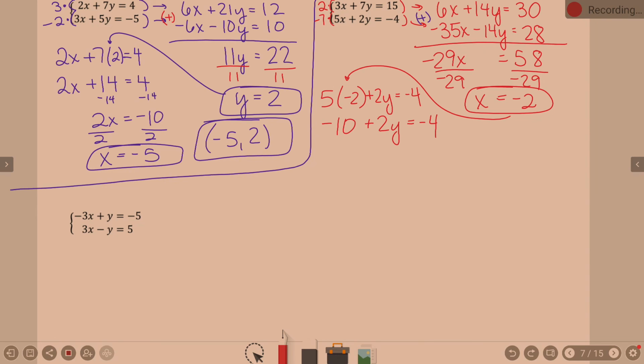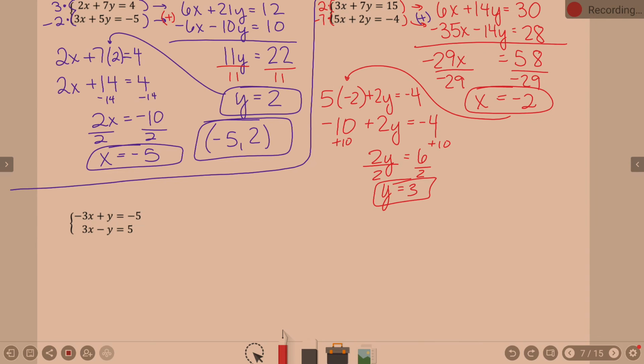To get 2y by itself, we're going to add 10. So 2y equals negative 4 plus 10, which is 6. If 2y equals 6, divide by 2, and y is 3.